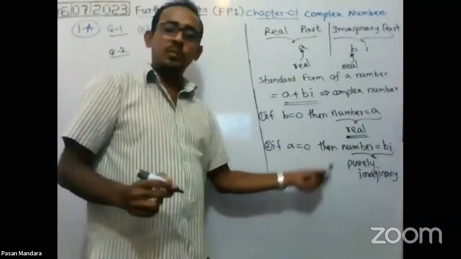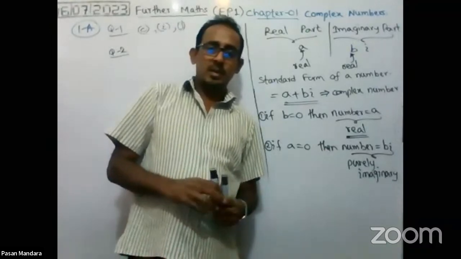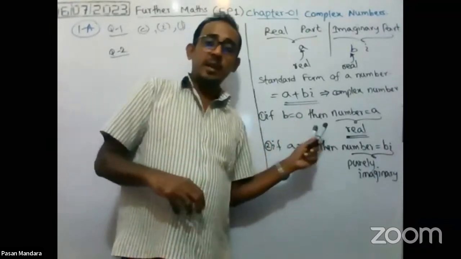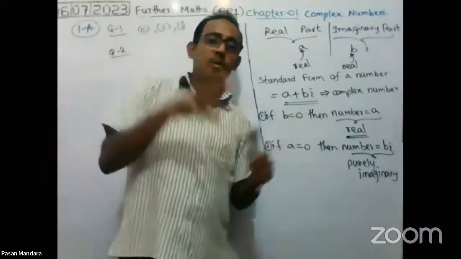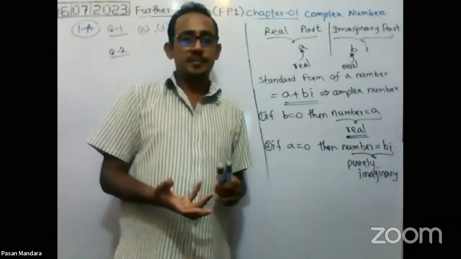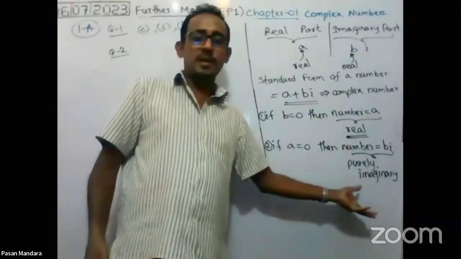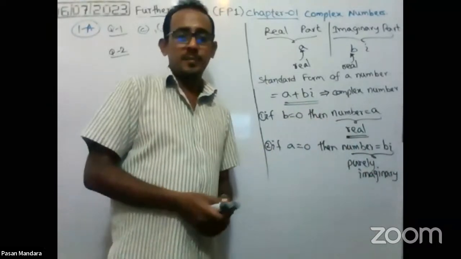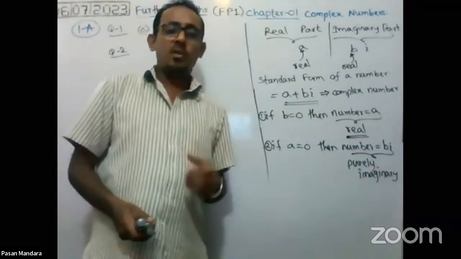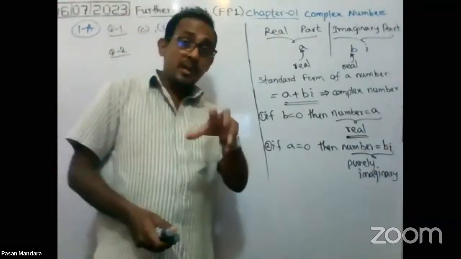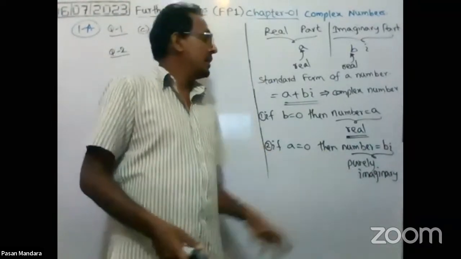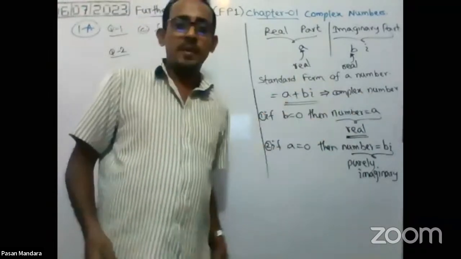But these also we can say complex. So a complex number can be real part only, imaginary part only, or both together. All we can call complex. But generally we call this complex, this purely imaginary, that also complex. This is real, and even real we can call complex. So these are all part of complex numbers.